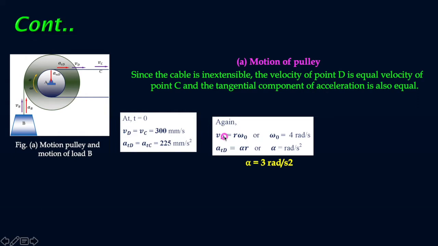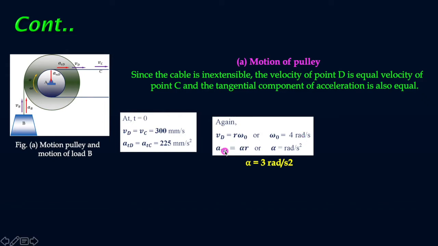Now we know the relation VD equals R omega 0, where R is 75 and VD is given as 300. So substitute these two values and get omega 0. It is suffix 0 because it is at instant 0, the initial condition. Then omega 0 is 4 radian per second.